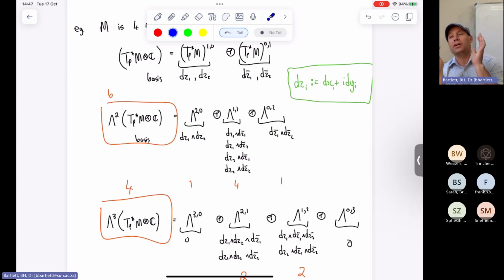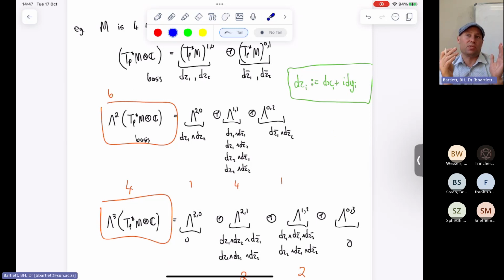In our example, locally, the cotangent space is going to have a dz and a dz bar. And to get a 2,0 form, you're going to have to do a dz wedge dz, and that's going to be a problem. Okay, so that's going to be 0.